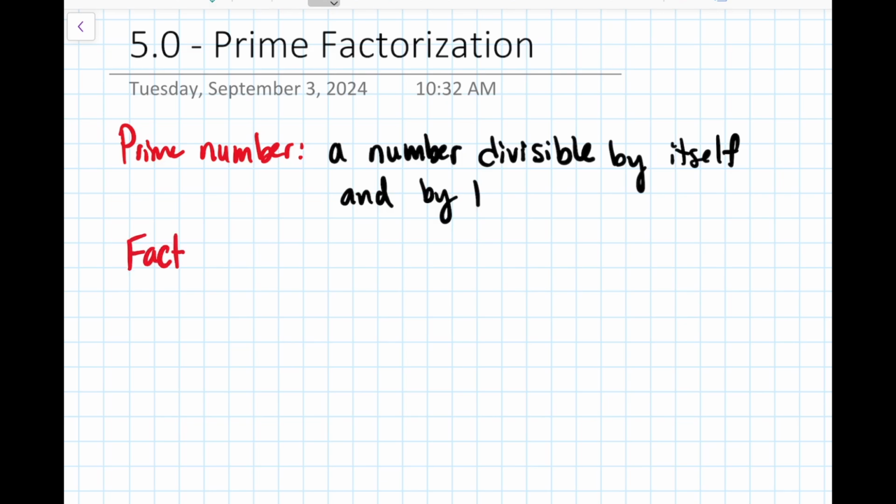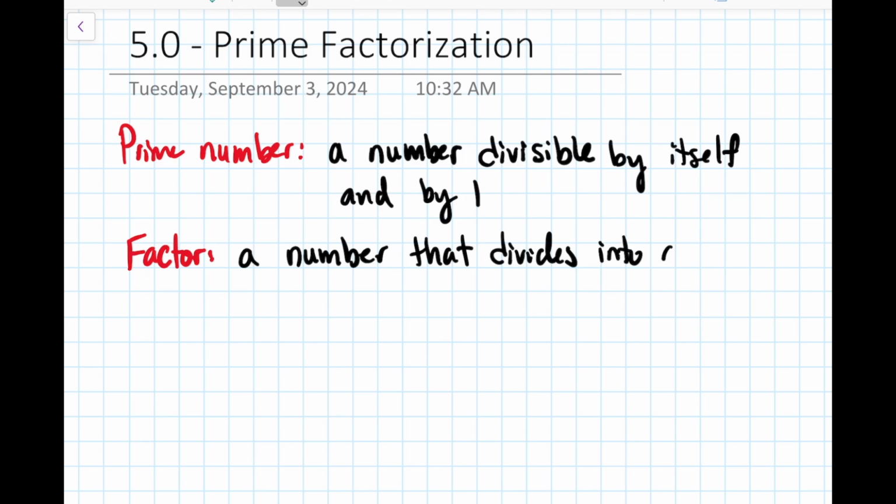And what's a factor? So factors are things that divide into other things. Think back to factoring, where we were doing common factors and just factors in general. And so prime factorization, not surprisingly, is going to combine these two things together.